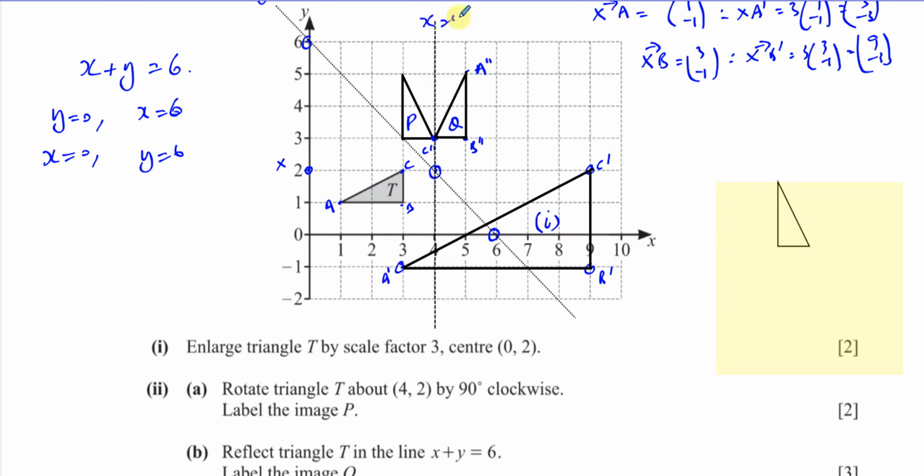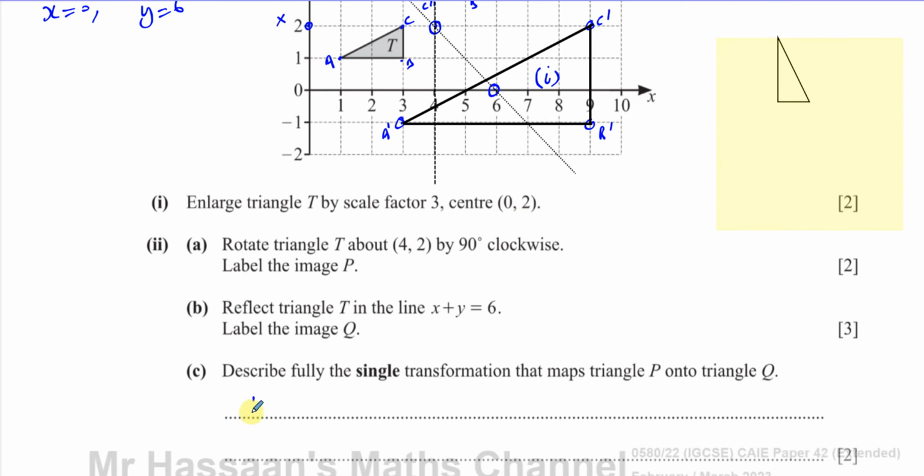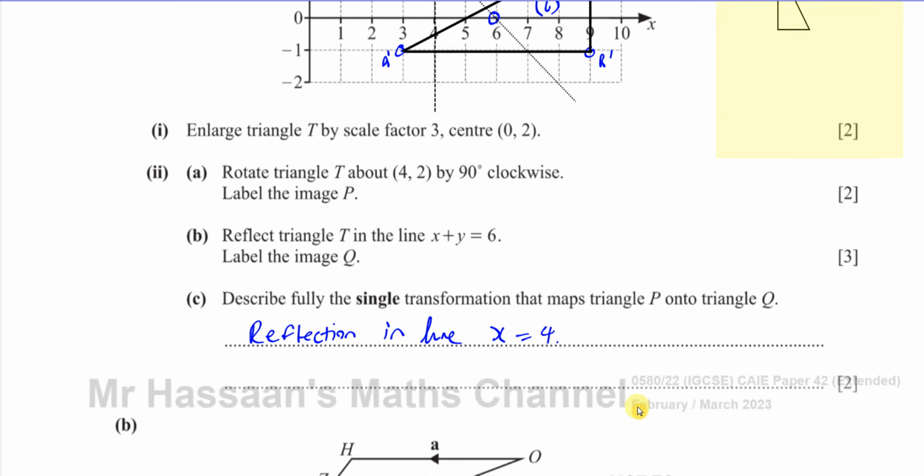This is the line x equals 4, a vertical line going through 4 on the x-axis. That will be the reflection of P onto Q. So we can say it's a reflection in the line x equals 4. So that concludes this question.